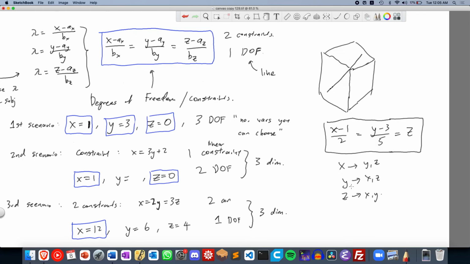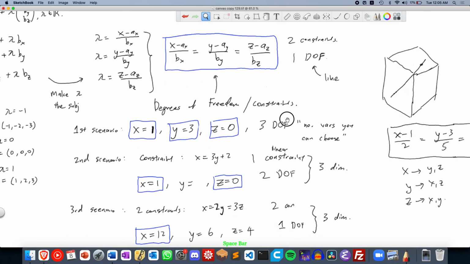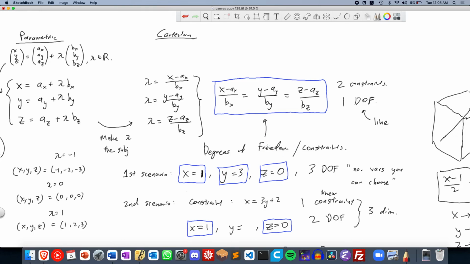The only degree of freedom left is where on the line we want to choose our point. And that is precisely what this Cartesian equation is trying to get at.